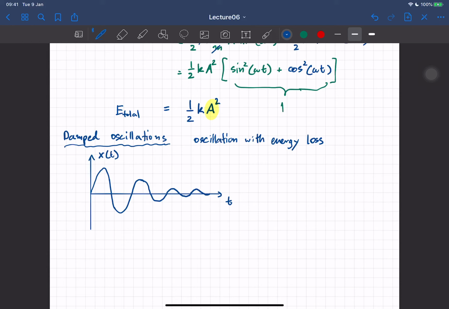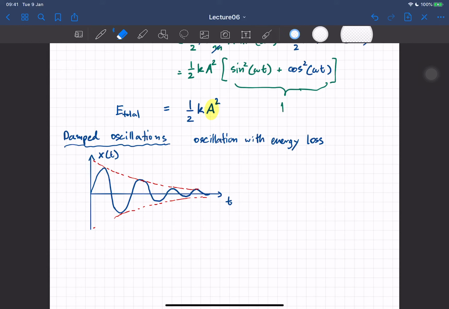And that's actually what you typically see in real life all the time, because in real life it's very hard to find ideal oscillation, right? So this decay in the amplitude is usually given by this kind of envelope. It's kind of like the boundary, this dashed line.